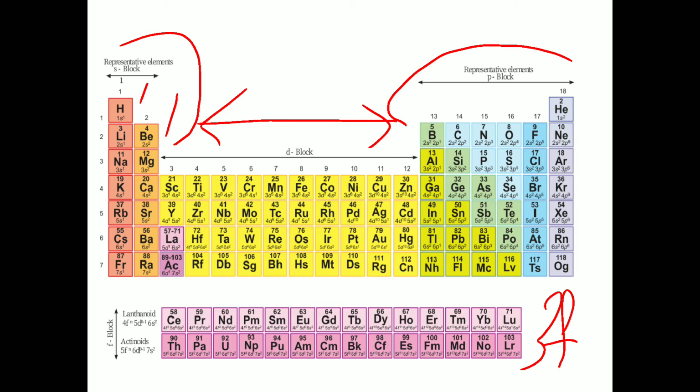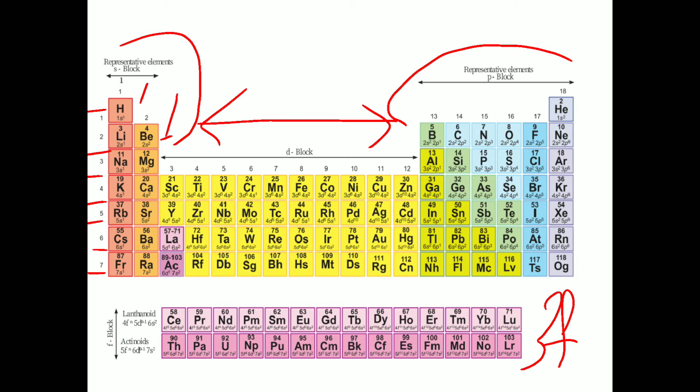Now the alkali metals contain various elements, that is hydrogen, lithium, sodium, potassium, rubidium, cesium and francium, whereas the group 2A contains beryllium, magnesium, calcium, strontium, barium and radium.